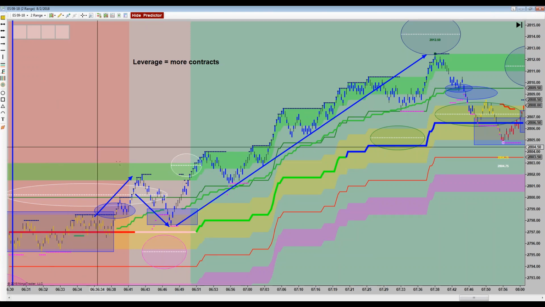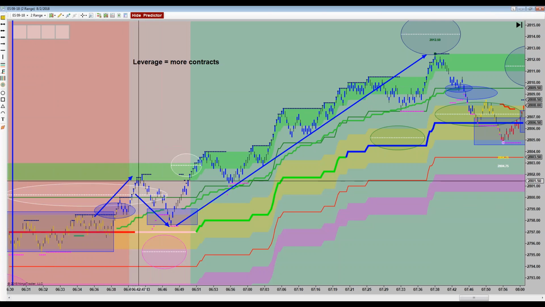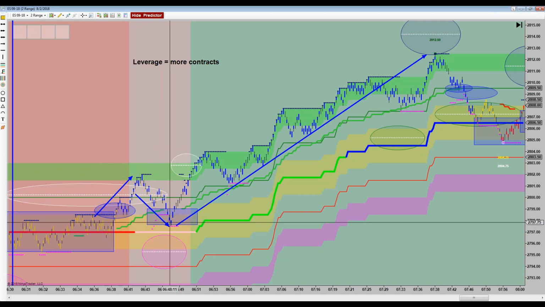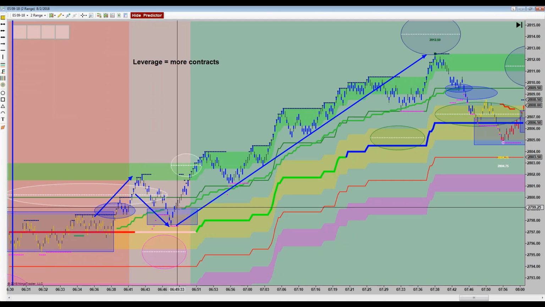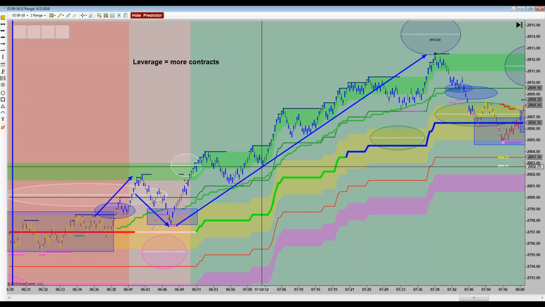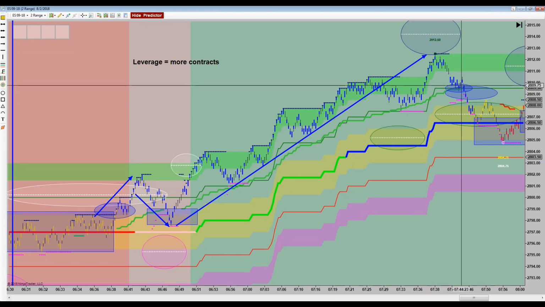So let's use an example. Let's say you missed this original box right here, and you got the ABC pullback, and you got filled on the close of that bar right there. So that is 99 and a quarter. Let's do some quick math, and we'll move on. So 99 and a quarter, and you trail it up, and you trail it up, and you trail it up, and you eventually get taken out here at 0975.